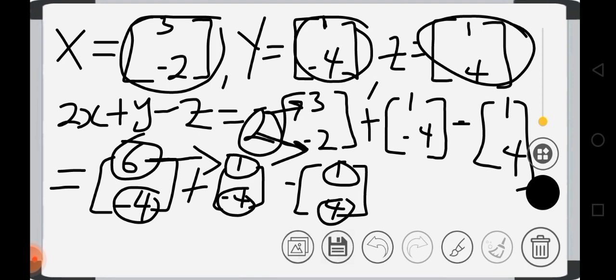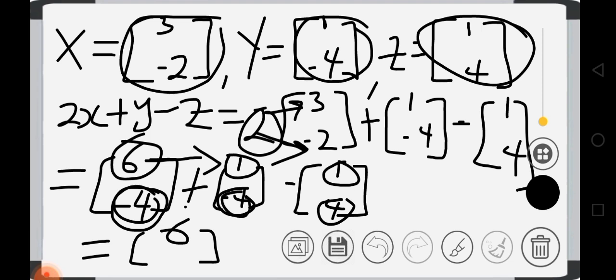So that will give us 6 comma, minus 4 plus minus 4, that's minus 8. Minus 8 minus 4, that's minus 12. The answer will be minus 12.